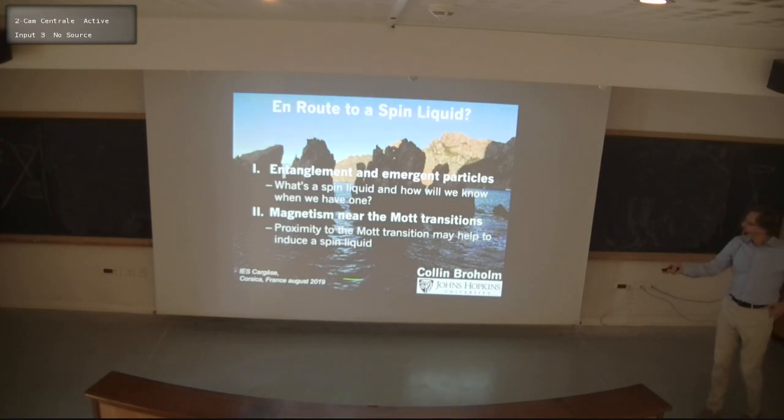The second part of the talk, which I'm not 100% sure that I'll get to, we'll see how it goes, is going to talk about magnetism near the Mott transition. This relates back to what Giovanni's talk was about, the metal-insulator transition, specifically the Mott transition. I've been interested in what magnetism looks like when we get really close to this transition, because that's where charge is actually going from a localized or bound state in the insulator to a metallic state.